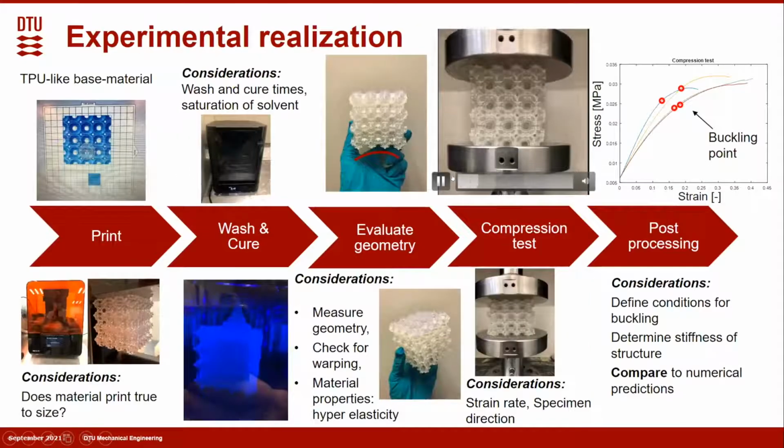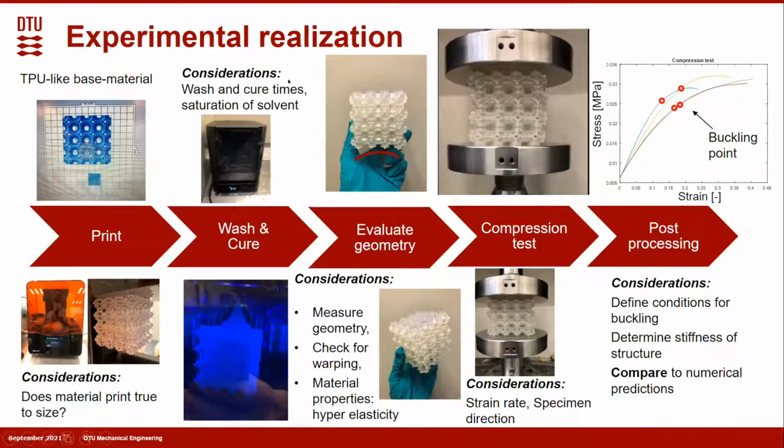We also performed experimental verifications for the optimized designs. The microstructure, with several periodicities, is printed using TPU-like materials, using the printer from Formlabs, and we did a unilateral compression test.